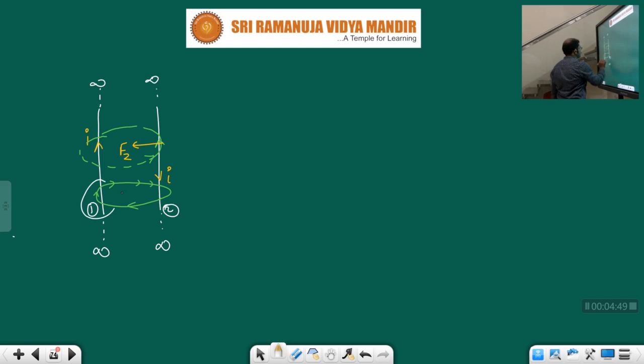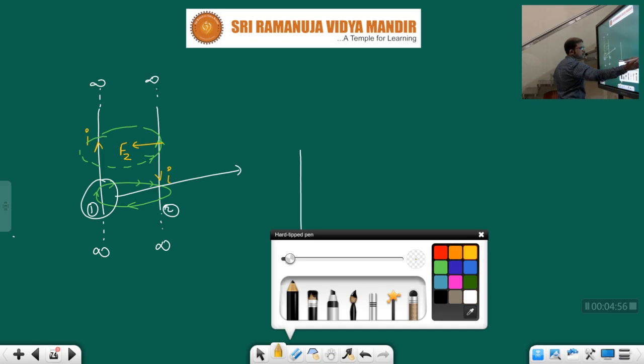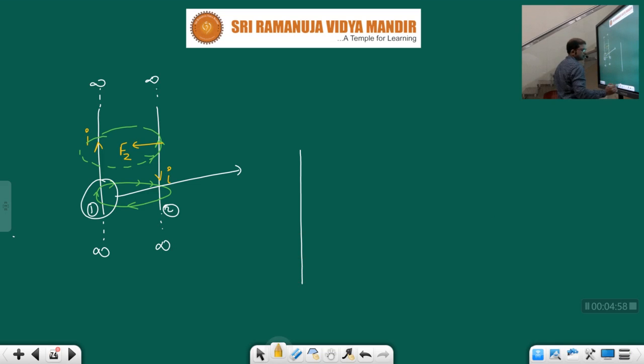This one I am enlarging. This is conductor, and this is the direction of magnetic field, means magnetic field is entering. In this, current direction is upwards.